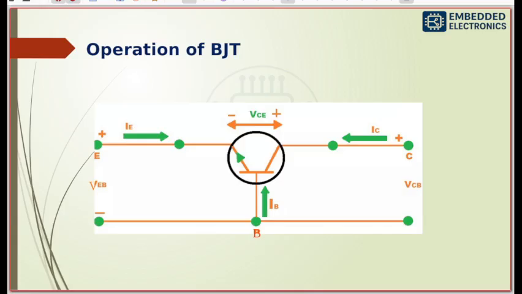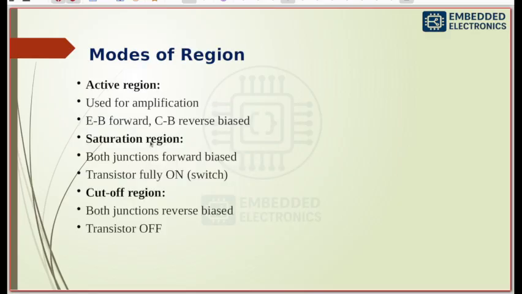The working principle of both NPN and PNP transistors is almost the same. Both of them differ in the conduction of current through charge carriers based on the majority and minority charge carriers. It consists of three regions: active region, saturation region and cutoff region.